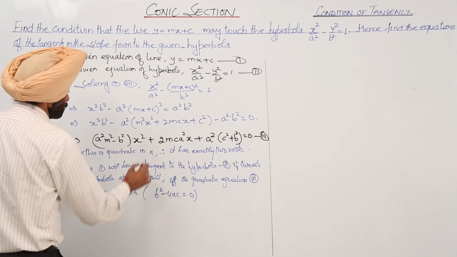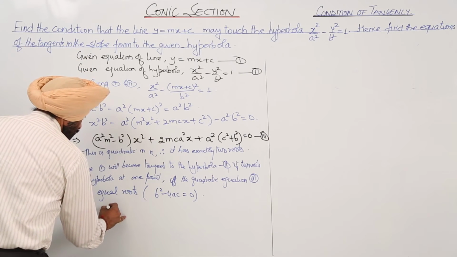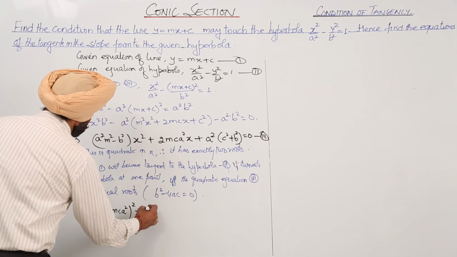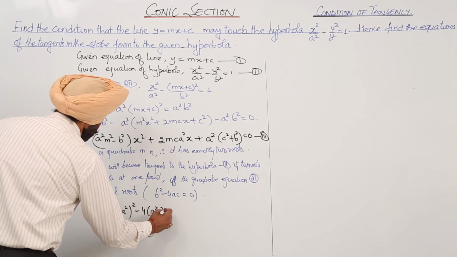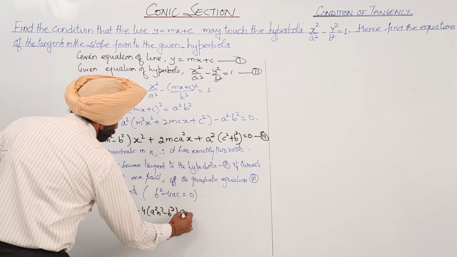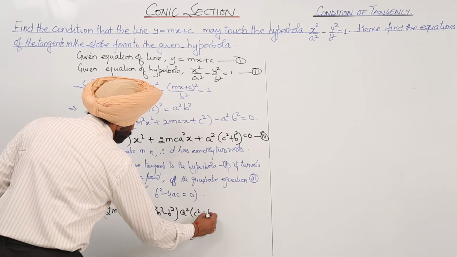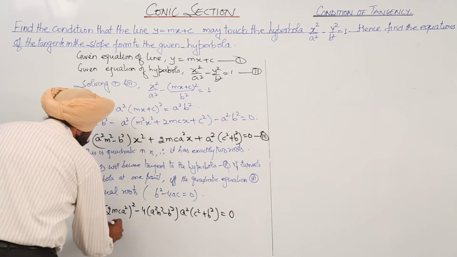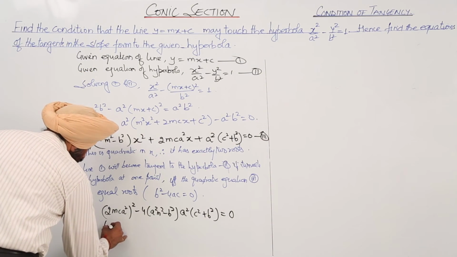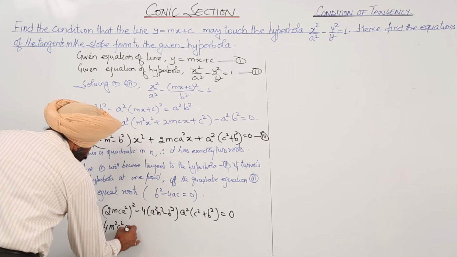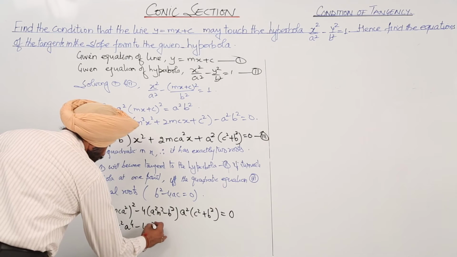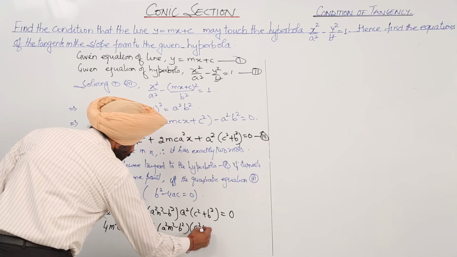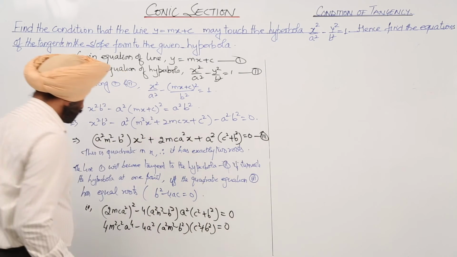So now b square minus 4ac, so what is b? It is twice of mc a square, whole square, minus 4 with (a square m square minus b square) with (a square c square plus b square) is equal to 0. So now this becomes 4 m square c square a to the power 4 minus 4a square m square, negative of b square with c square plus b square is equal to 0.